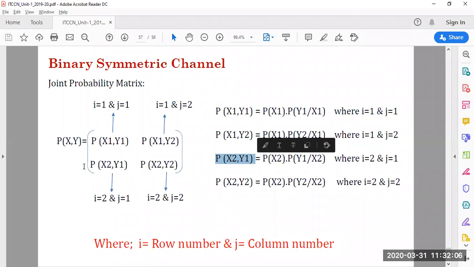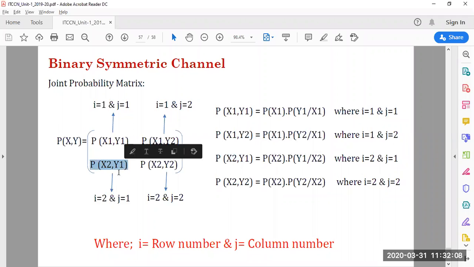So for third element, that is second row first column element, that is P of x2 comma y1. Now the value of i is 2 and the value of j is 1. That means this is the second row and the first column. So what is P of x2 comma y1? It is nothing but P of x2, that means second row, into P of y1 by x2. P of y1 by x2 means what?